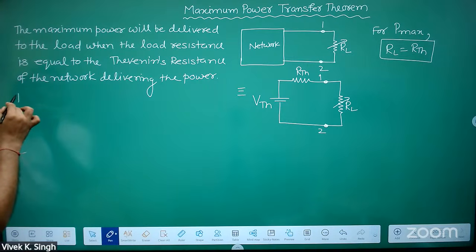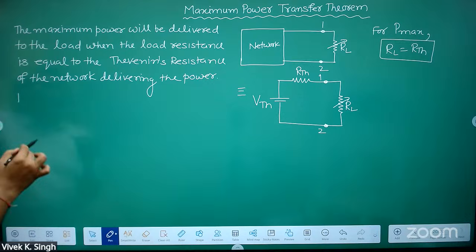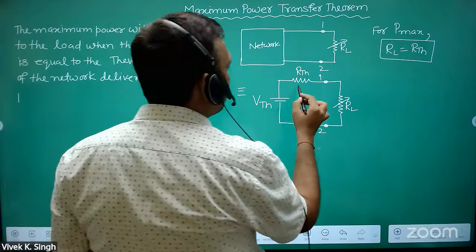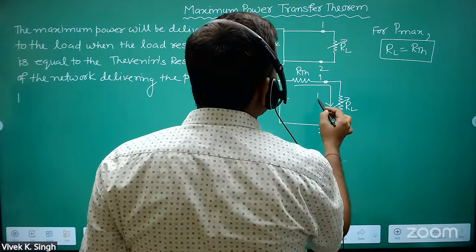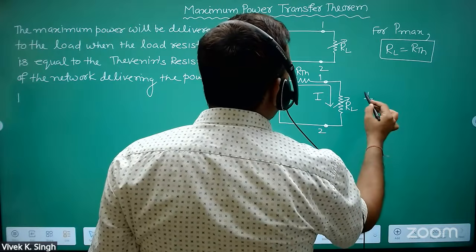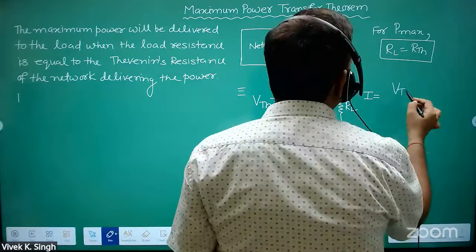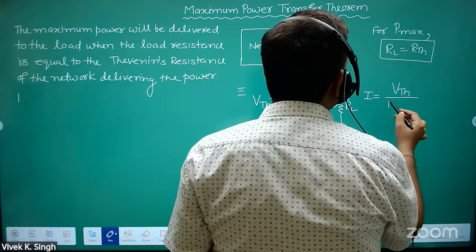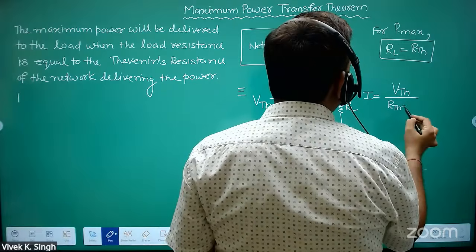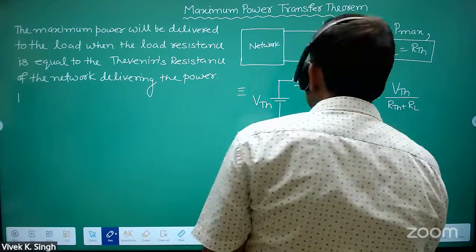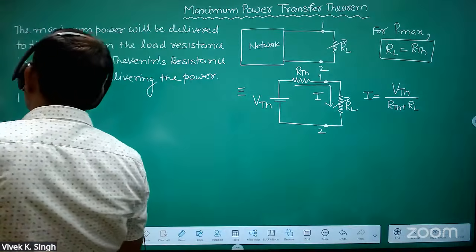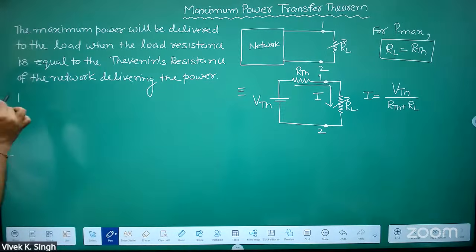What is current in this? Let's see, this current will be I. So I is given by VTH by RTH plus RL. So what is the power delivered to the load resistance?